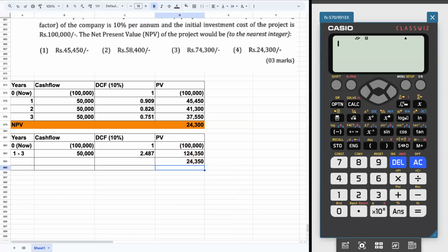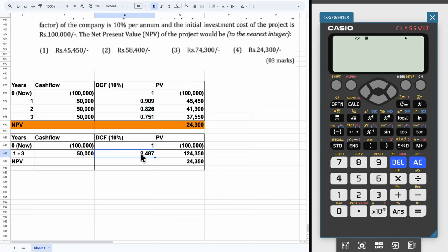Even if you sum it, it will give you the same answer. This is the NPV. You can use both methods because 50,000, 50,000, 50,000 for a 3 years period is actually an annuity. So for 50,000, the annuity factor for 3 years at 10 percent, if you add 0.909, 0.826, 0.751, you get 2.486.